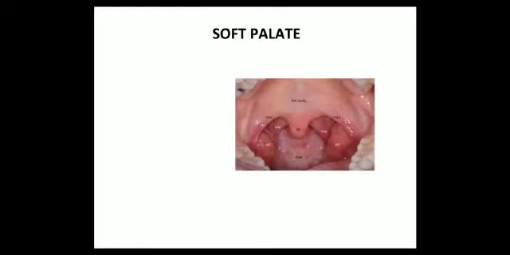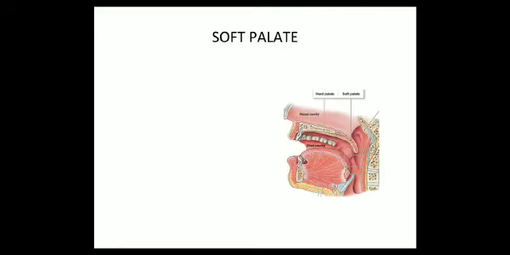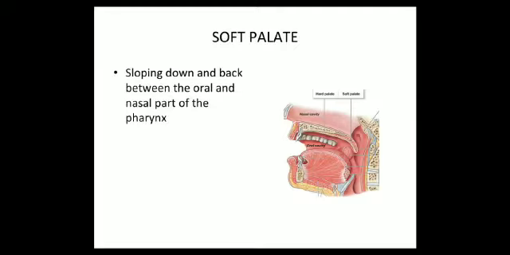So, now we will discuss the soft palate. It is a mucus covered fibromuscular glandular mobile flap which is suspended from the posterior border of the hard palate. It slopes downwards and backwards between the oral and the nasal part of the pharynx.